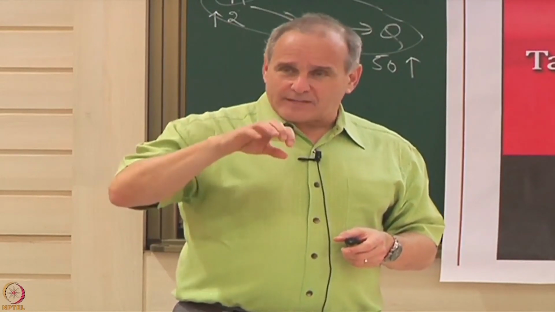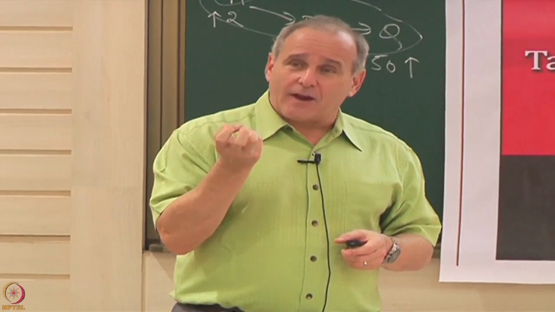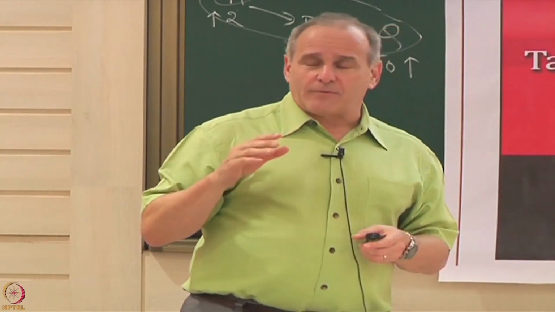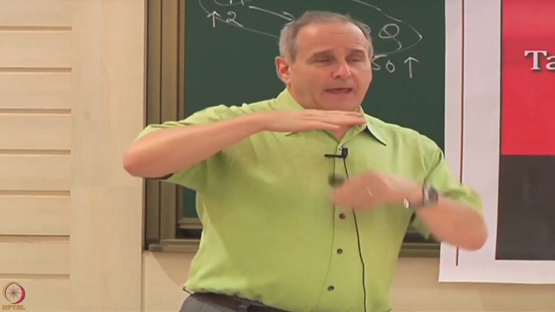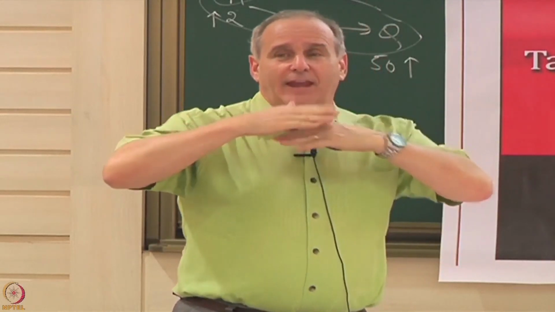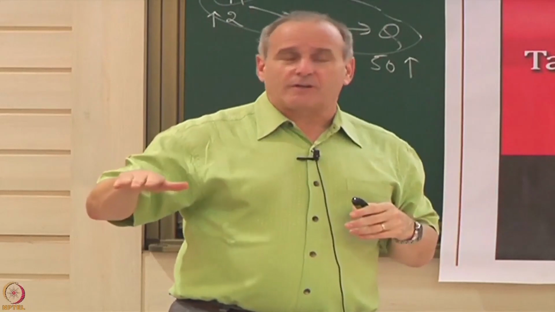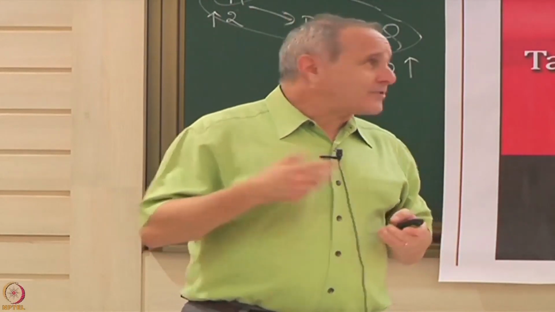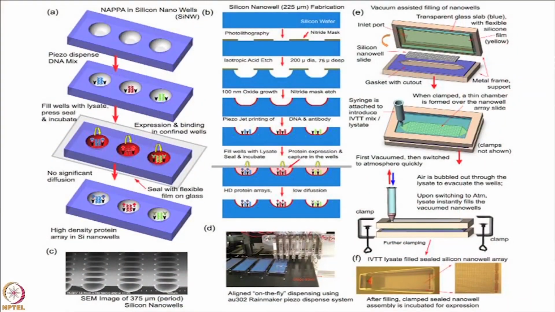Air gets captured in the wells. And so you have to fiddle a little bit with vacuum pressure and surface pressure to get the air out and get an even distribution of the expression lysate throughout the wells. And actually the solution that the engineer came up with is quite clever. I'll show you that in a moment.